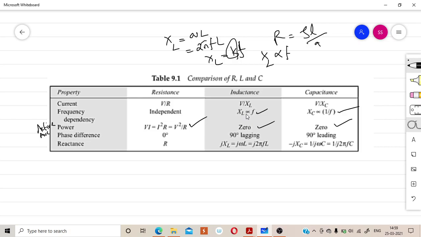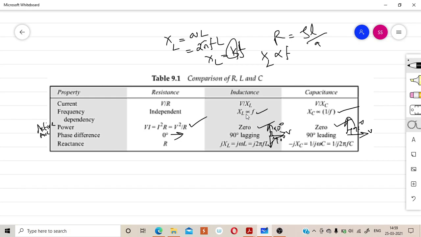Now phase difference: in a pure resistive circuit it is in phase, that is 0 degree, and in a pure inductive circuit it is 90 degree. For a pure capacitive circuit it is again 90 degree, leading, while the inductive one is 90 degree lagging.